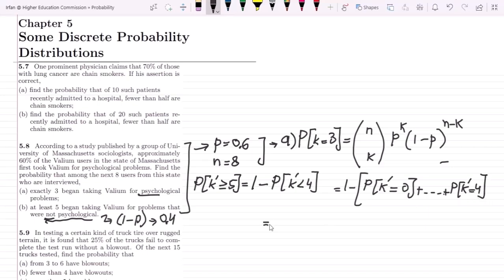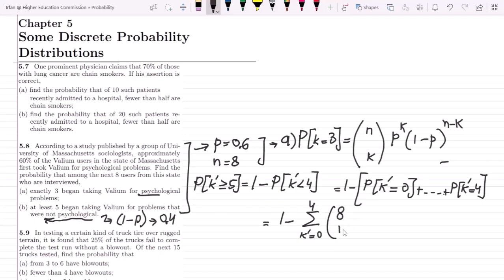Okay, so let me write the formula here. Here it would be 1 minus the sum for k prime equal to 0 up to 4, and here it would be n choose k prime, and n here is the same, which is 8.